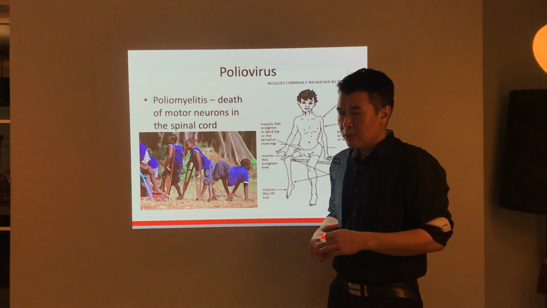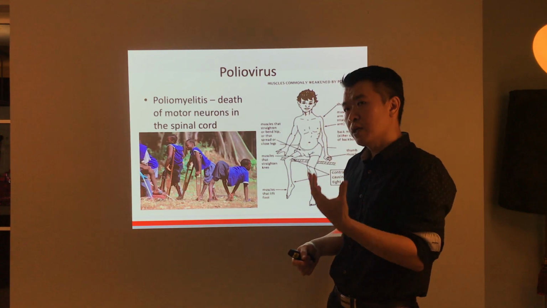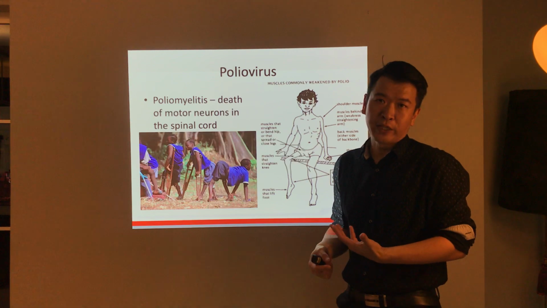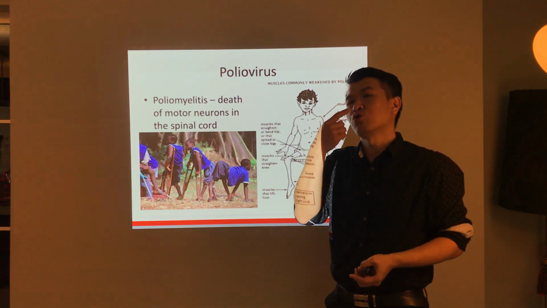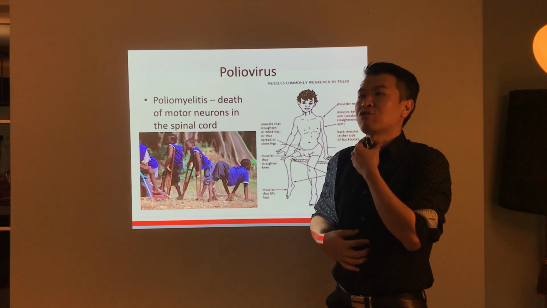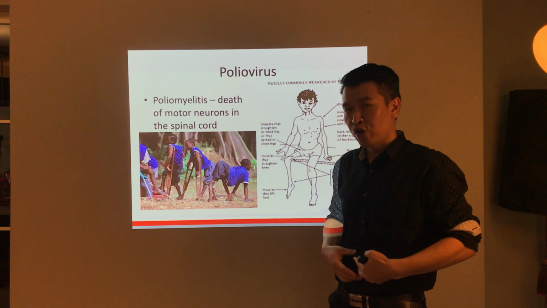This virus is transmitted through the oral-fecal route. What it means is that when you consume water that has been contaminated by this virus, the virus will go through your mouth and start infecting your gastrointestinal tract, for example your throat or your intestine.